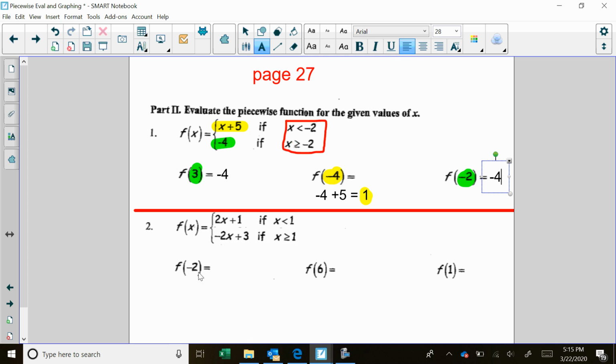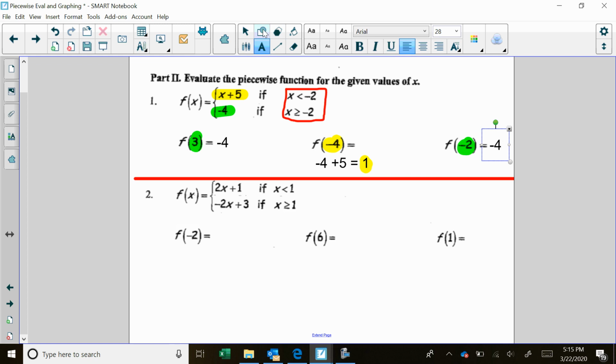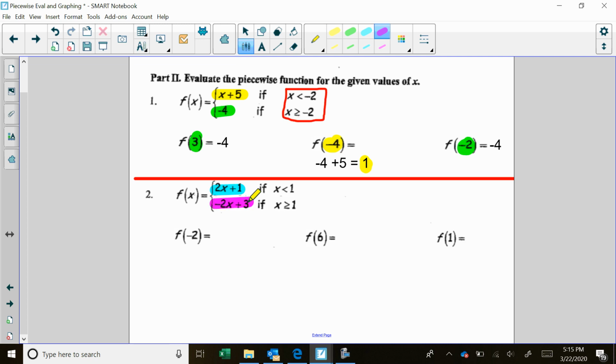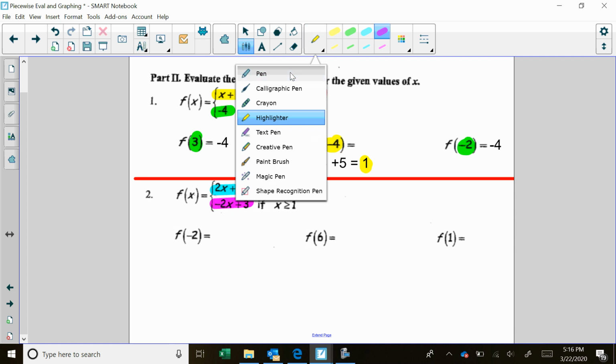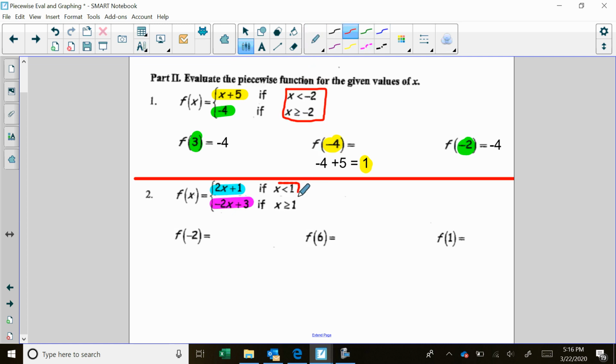All right, 3 more, and you're on your own. Let's use a couple different colors this time. We use blue and purple. All right, domain this time revolves around 1.